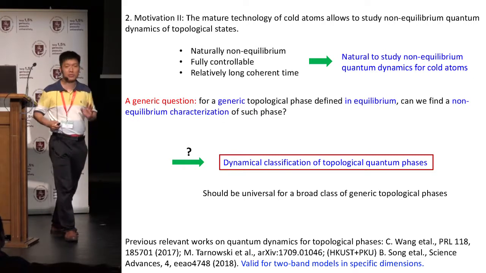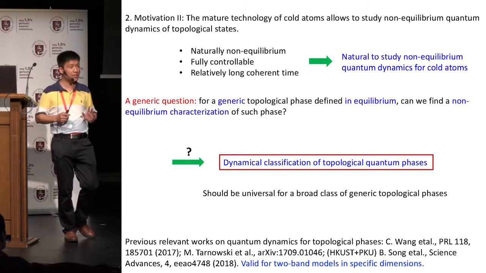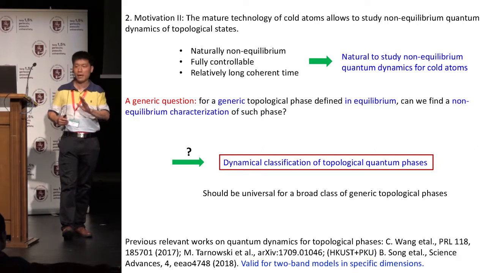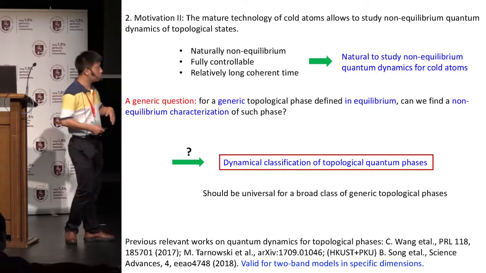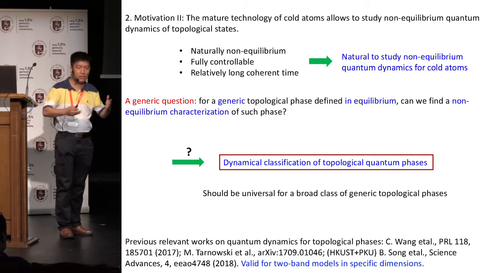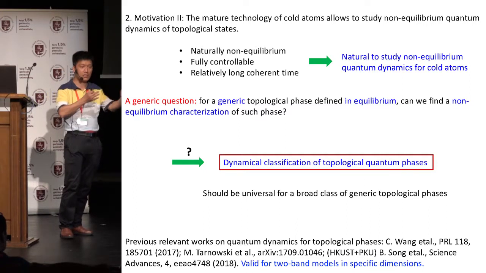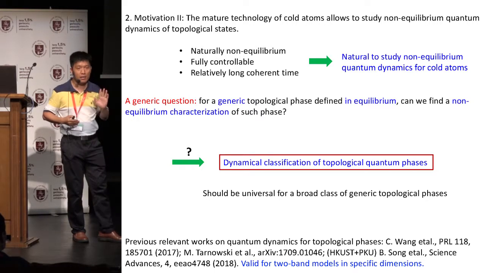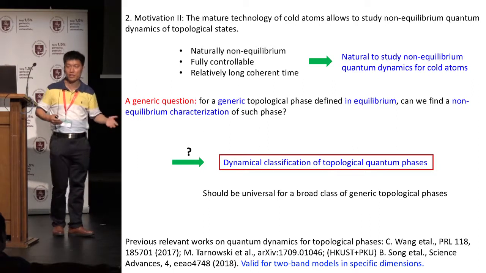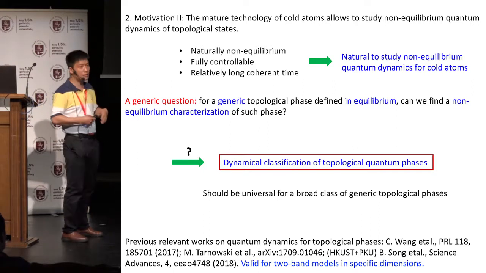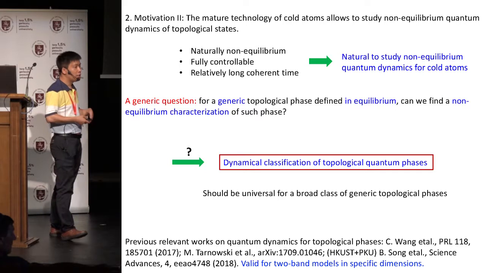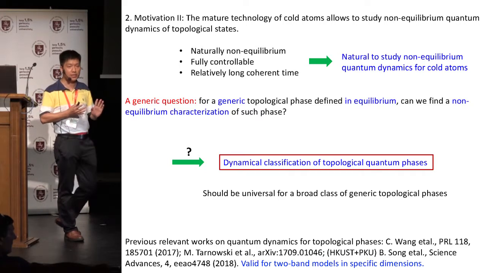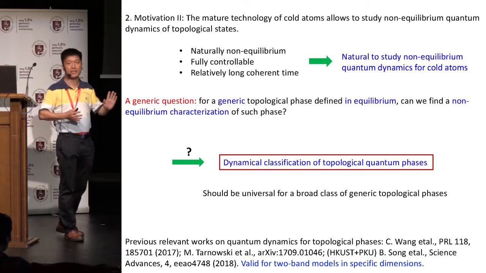This issue is a little bit different from the issue just introduced by Cooper. In Cooper's introduction, you have a many-body ground state of the system, then you induce the dynamics, and you still look at the property of this many-body wave function and how the topology of the wave function evolves. But here, we want to study another issue. You start with some initial state, and you induce the dynamics by a quench, for example.